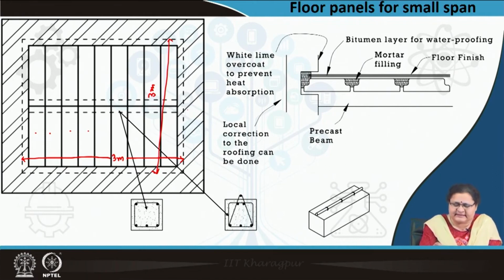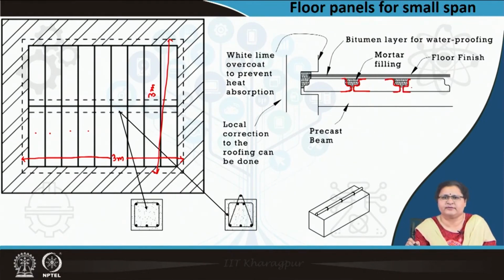So, once this is done, you can now find out how the section looks. You can see this is the transverse section, as you can check. This is the transverse section edge of each of the slab. What is happening?